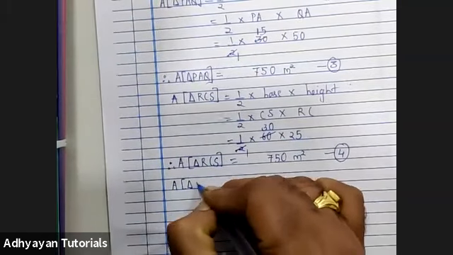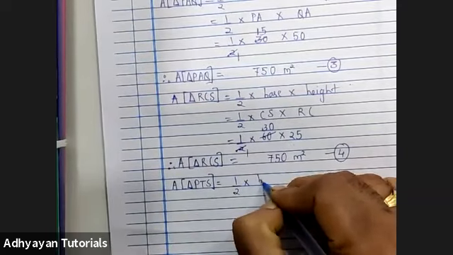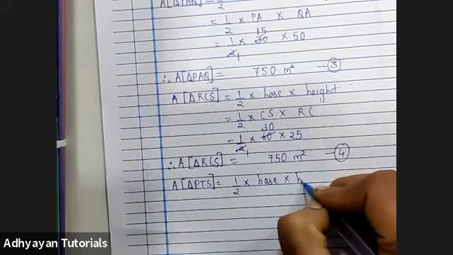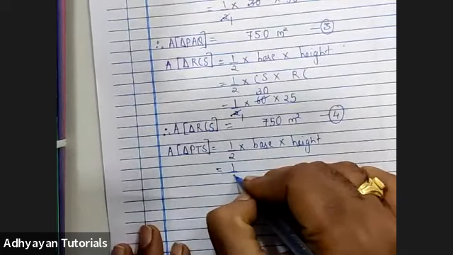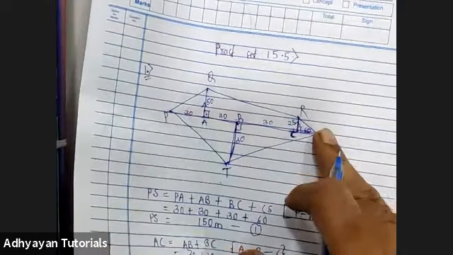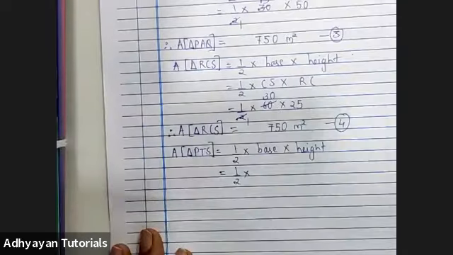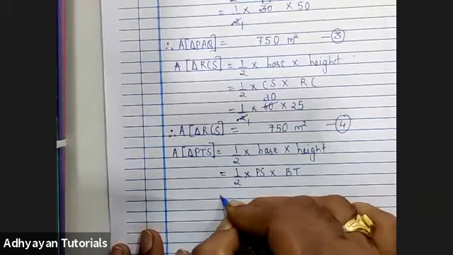area of triangle PTS is half into base into height. Right? That would be half into. Children, for triangle PTS the base has to be PS and the height has to be BT, right? PS into BT.